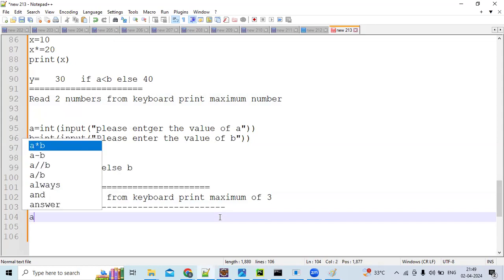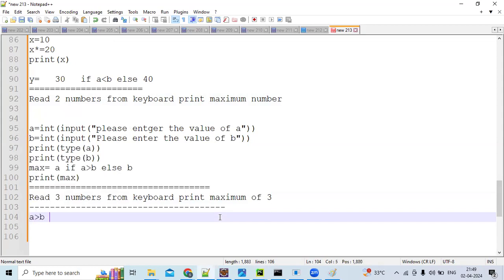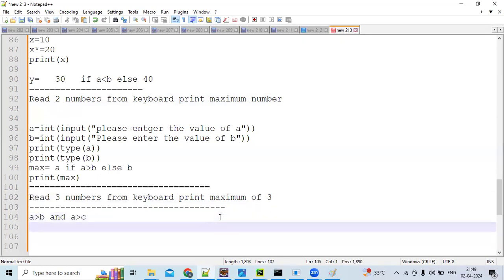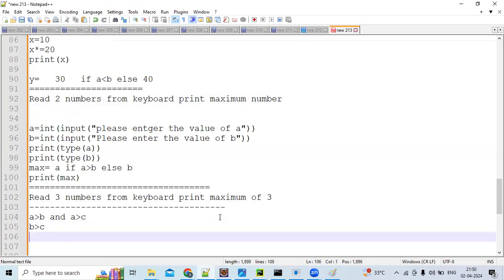My rough idea is if A is greater than B and A is greater than C, my A is bigger. Else, if we go into else, definitely A is not the biggest. Then obviously B greater than C. Else B, if B is greater than C, then B is bigger. If this also fails, C is bigger. Am I correct, guys?